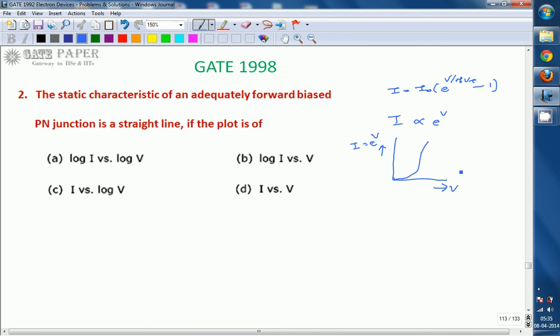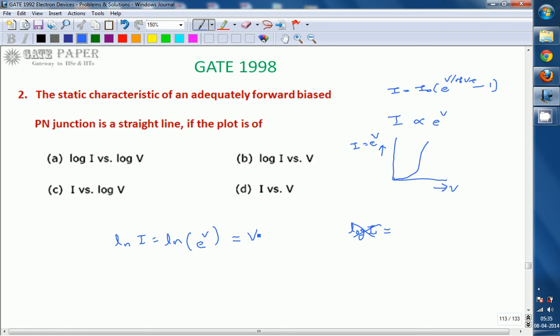If you take the natural logarithm of I, it is the natural logarithm of e power V, and the natural logarithm and e get cancelled, so what you get is V.